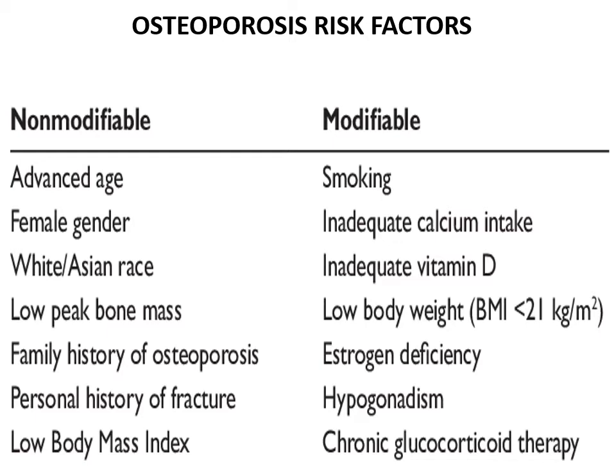So if a woman has had wrist fractures and hip fractures, we're really suspicious that this is from osteoporosis, okay, or at least osteoporosis is contributing to it. So someone with a personal history of multiple fractures, we would think that they probably have fragile bones to begin with. Okay. What's modifiable? Well, smoking.